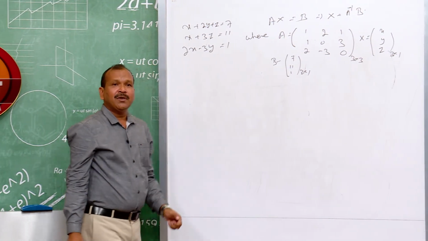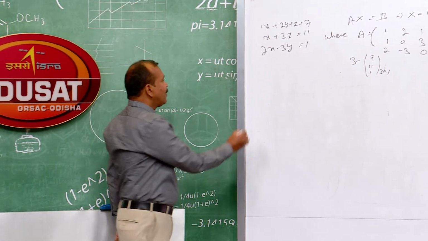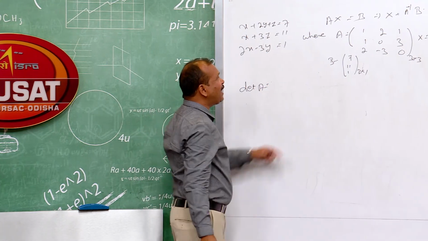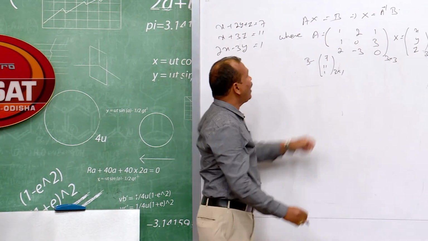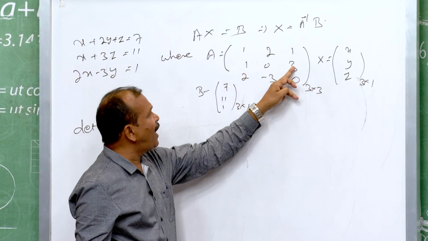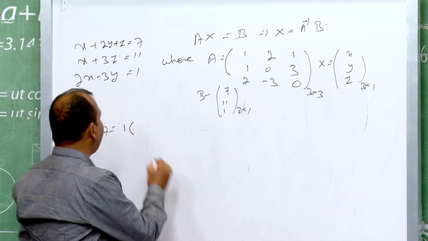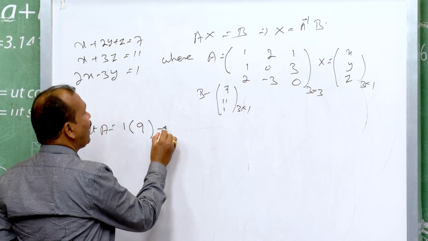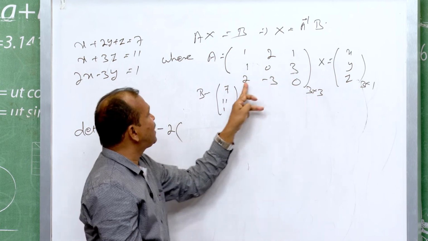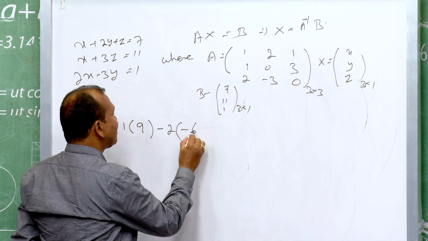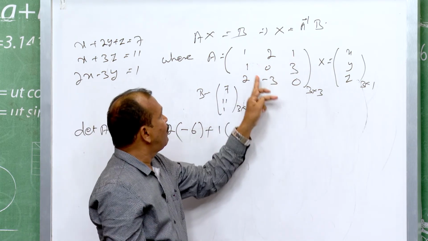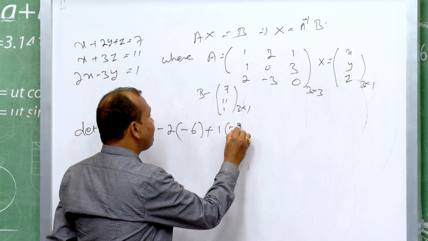What are the steps? First find out det A. Det A is equal to, expanding the first row, 1 into 0 minus 9, plus 9, minus 2 into 0 minus 6, plus 1 into minus 3 into 0 minus 3.